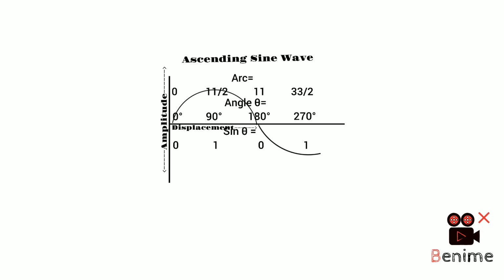The sine wave, to begin with, it will be sine 0 will be 0, sine 90 will be 1, sine 180 is 0, sine 270 is again minus 1, right? Sine 270, because it enters the negative quadrant.